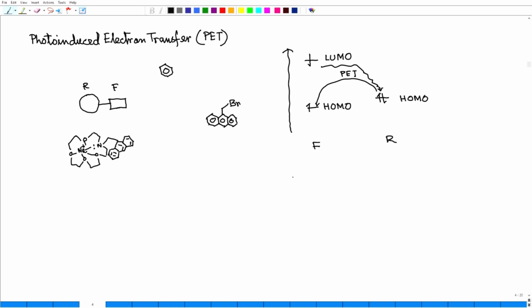So, what will happen then if I put sodium? This is energy. If I put sodium ion, then this is LUMO, this is HOMO of the fluorophore, and the HOMO of the receptor will come here.